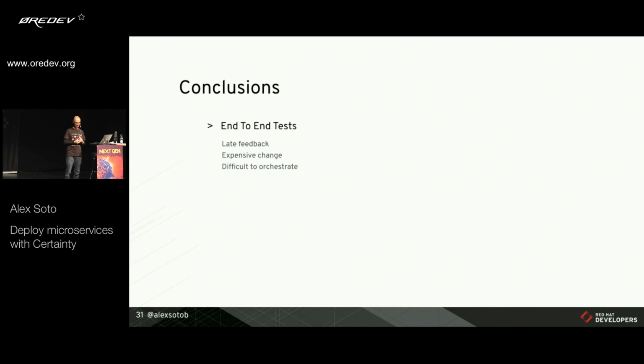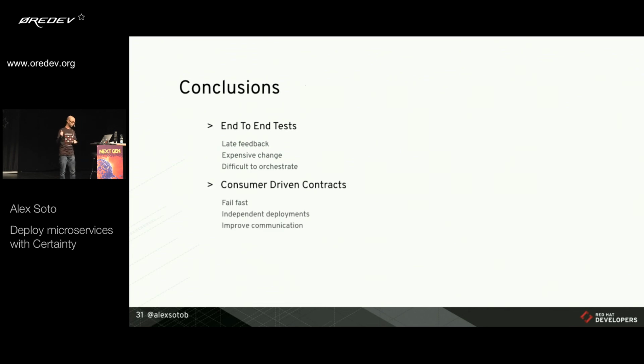Think, for example, that you've added a new service, so you need to change all these end-to-end tests because of the addition of this service. And finally, they are really difficult to orchestrate. If you are adding two more services, and this service needs to run after the other, and this service has three databases, notice that orchestrating everything to boot up is really costly, and it will take a lot of time.